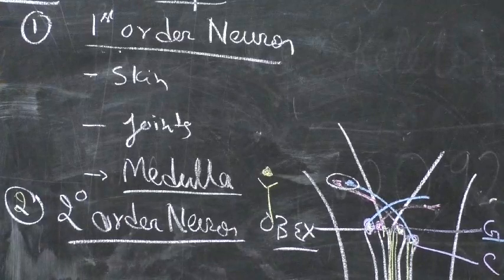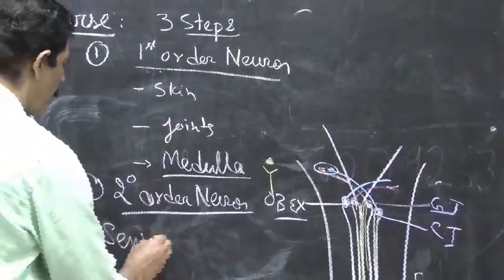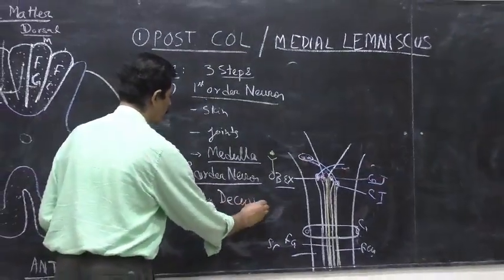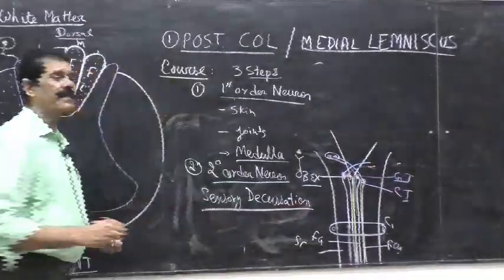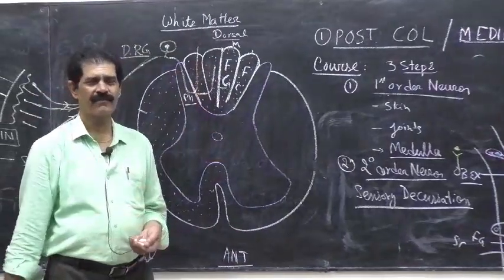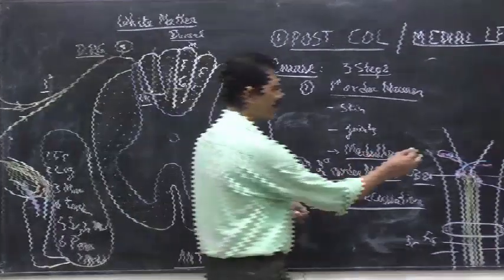Now this crossing is called sensory decussation. Question may also be asked that describe the sensory decussation, means they are indirectly asking you the medial lemniscus. Now after crossing, see what happens.